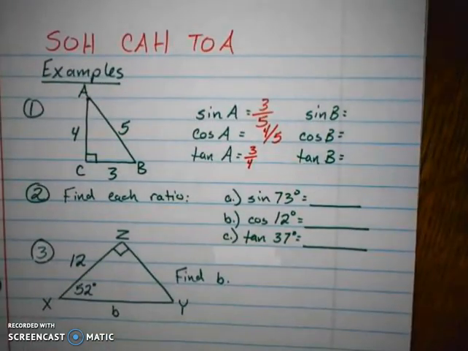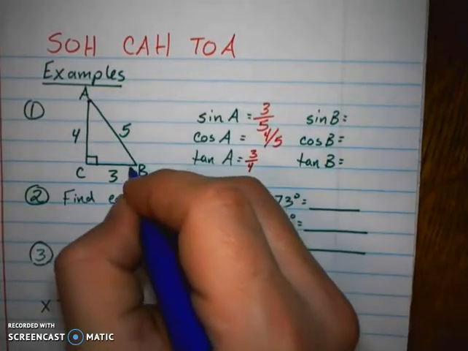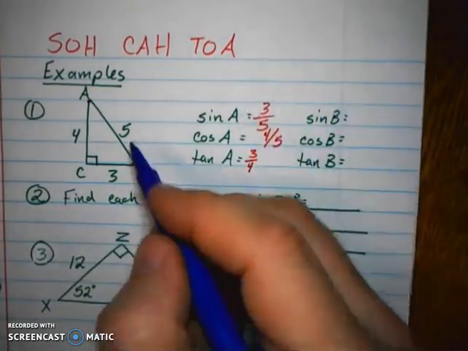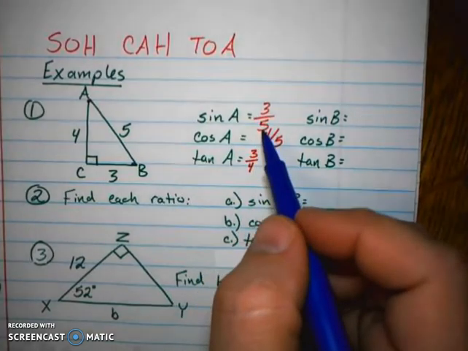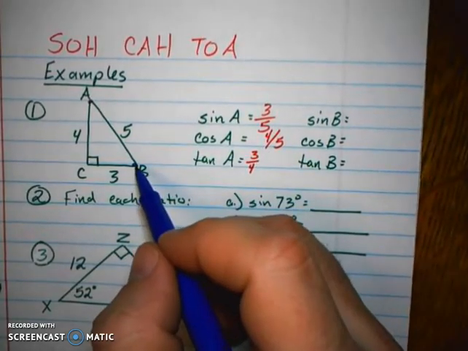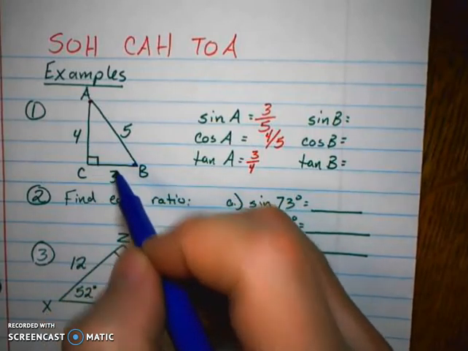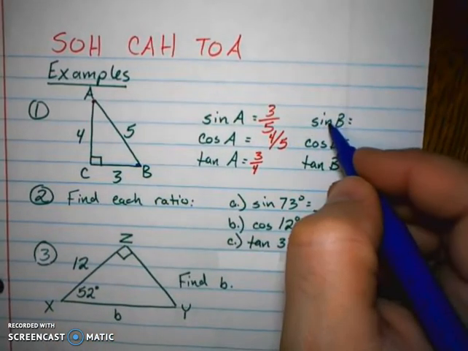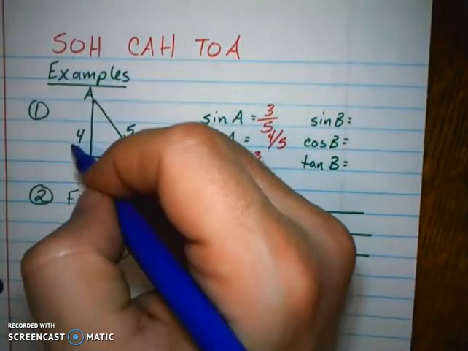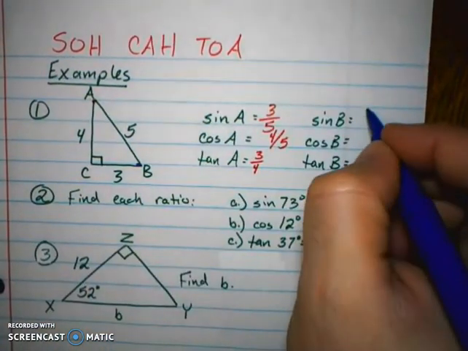Okay, for the sine, cosine, and tangent ratios for the reference angle B, we're going to switch opposite and adjacent, because now the side that is opposite angle B is 4 and the side adjacent to angle B is 3. So the sine ratio would be opposite 4 over hypotenuse 5.